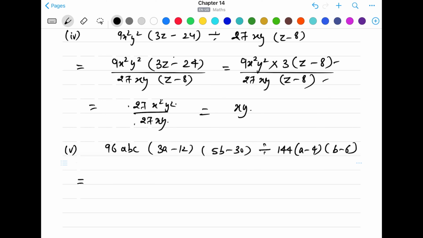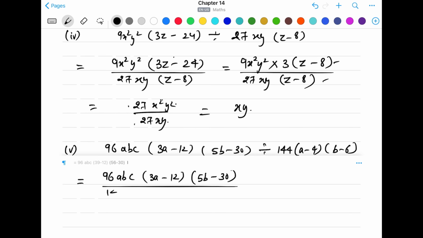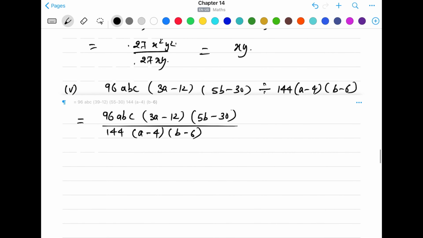So this will be 96abc into 3a minus 12 into 5b minus 30, divided by 144 into a minus 4 and b minus 6.